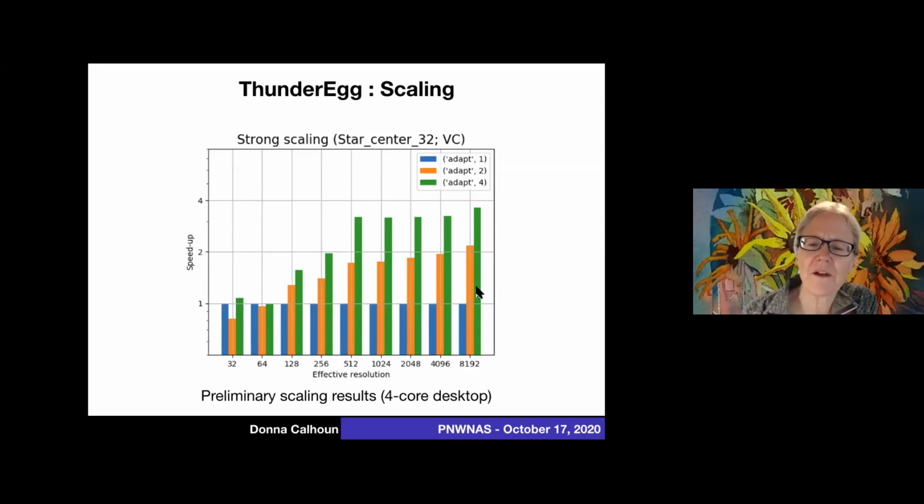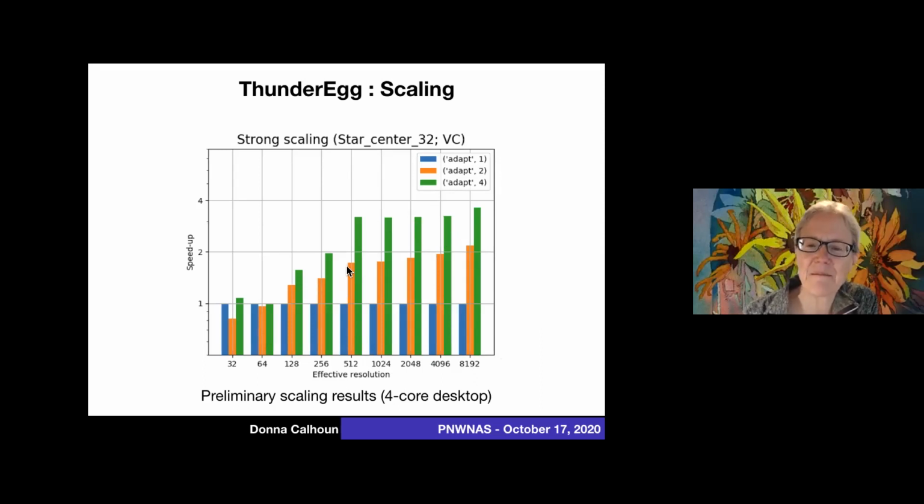As the effective resolution increases, we have more patches, and so we're able to take more and more advantage. We have less communication overhead per patch, so we see closer to our theoretical speedup of 4. But even at moderate resolutions, we're getting really close to a factor 4 speedup, which is really good.